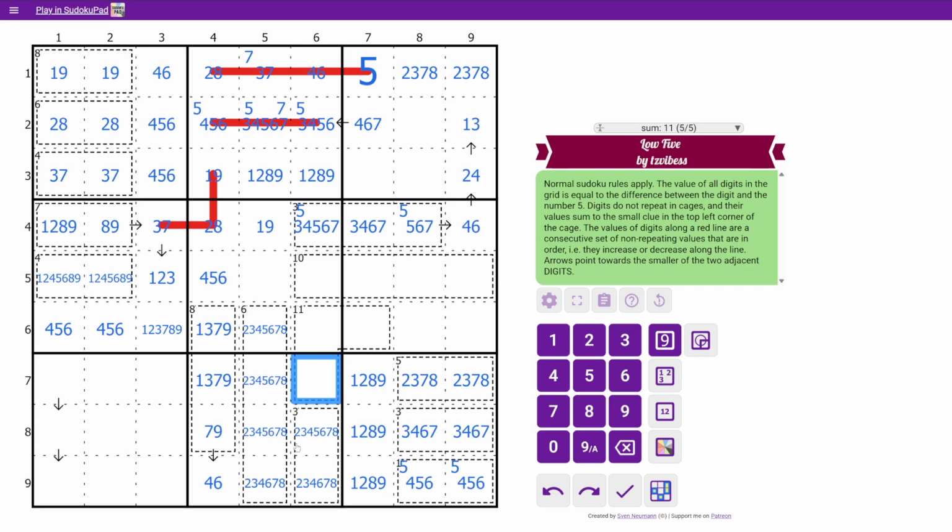Can't have a 3, 3. It has to be a 4, 4, 3, doesn't it? It has to be, so this will have to have a 1 and a 9 in it, and then either a 2 or an 8. So we have a quadruple here.